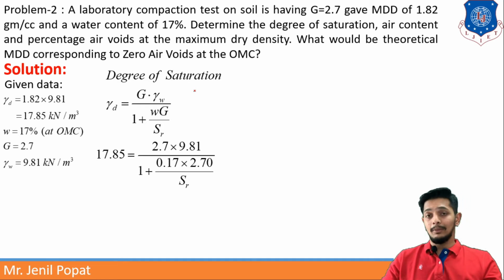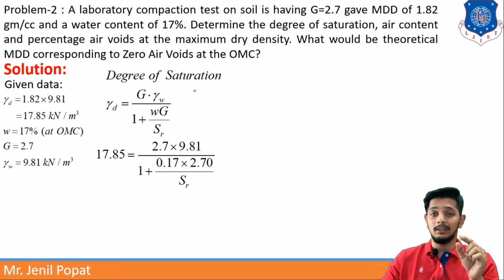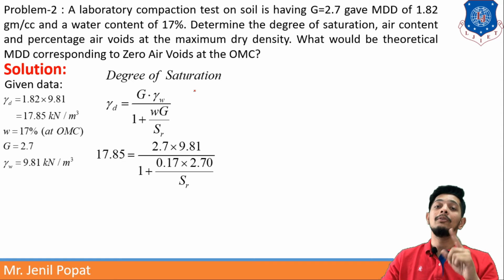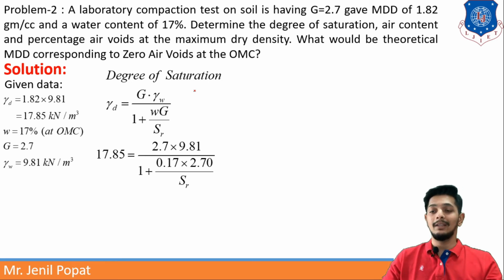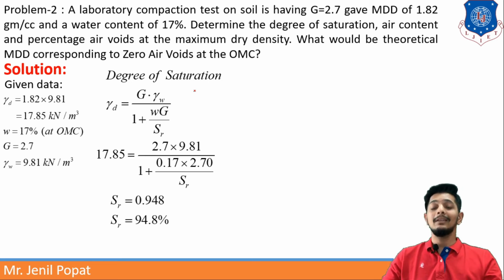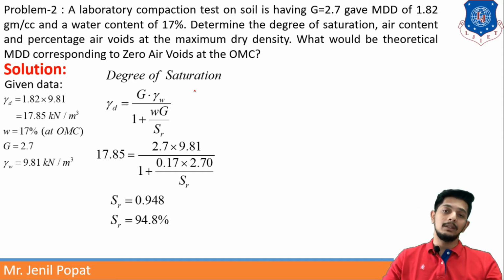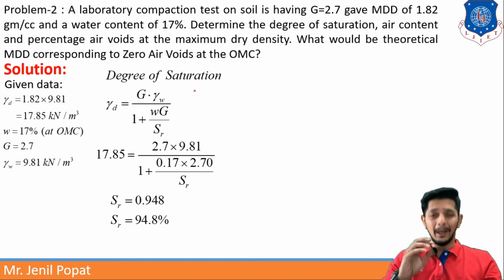Keep that in mind that water content is always put in decimals, right? If it is 17 percentage, you will put it by dividing by 100, and then you can put it in calculations. Don't forget that. Now SR is coming out from these calculations as 0.948 and in percentages 94.8 percentage. So degree of saturation is 94 percentage approximately, for your understanding.